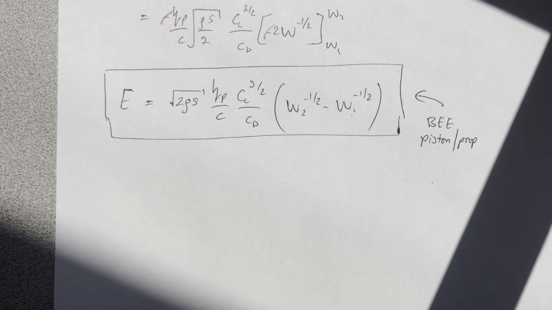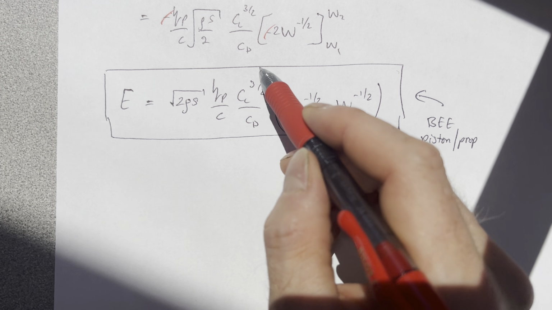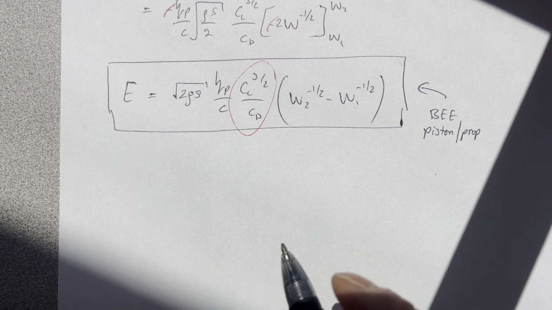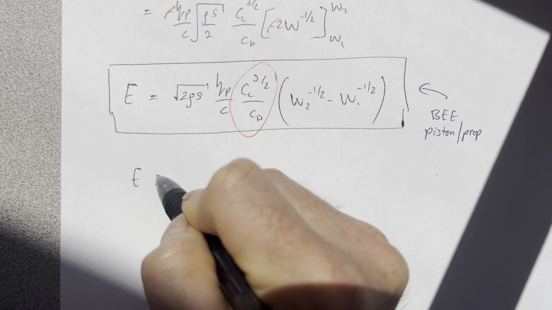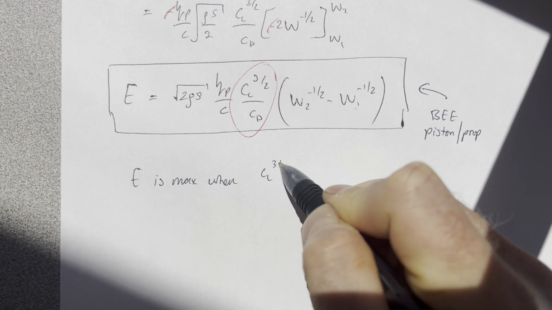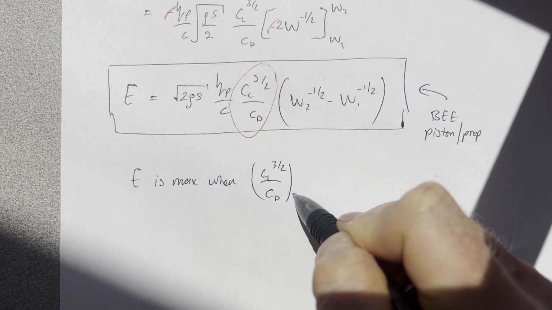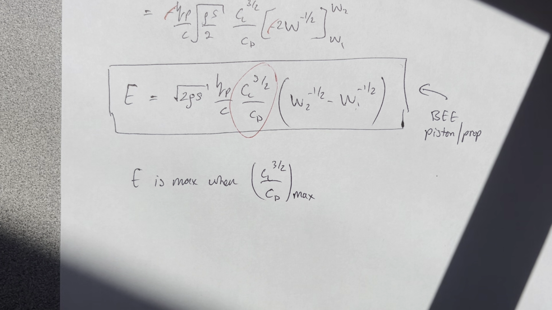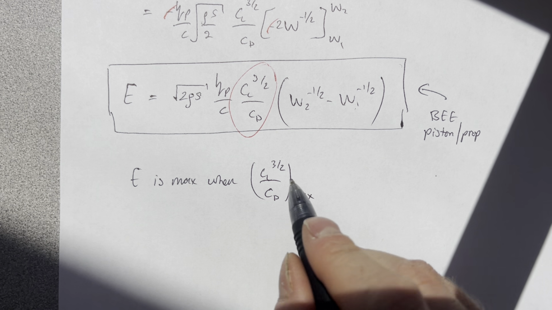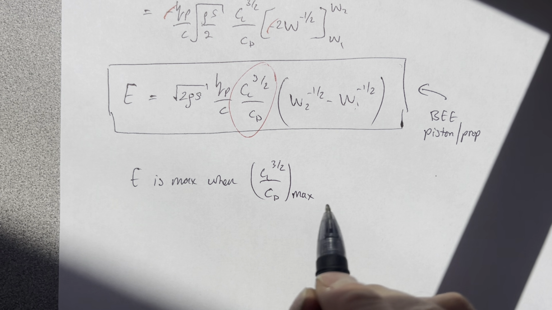So let's return to have a look at that term specifically. We're saying that endurance is max when this term is maximized. Now, mathematically speaking, that's equivalent to minimizing its reciprocal, isn't it?